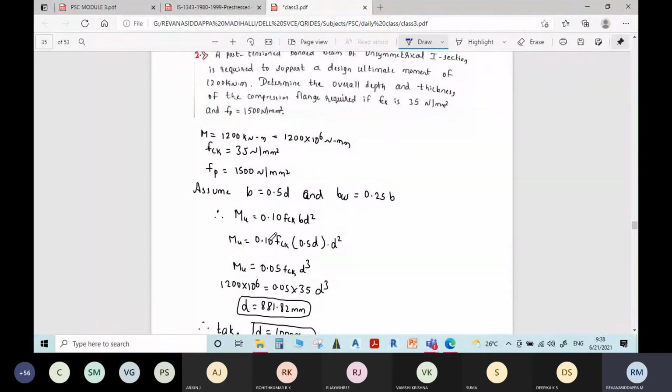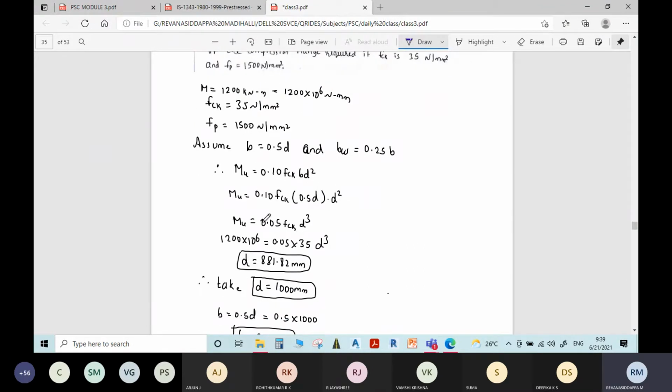Initially we assumed the width of the flange as half of the effective depth and width of the web as 25% of width of the flange.